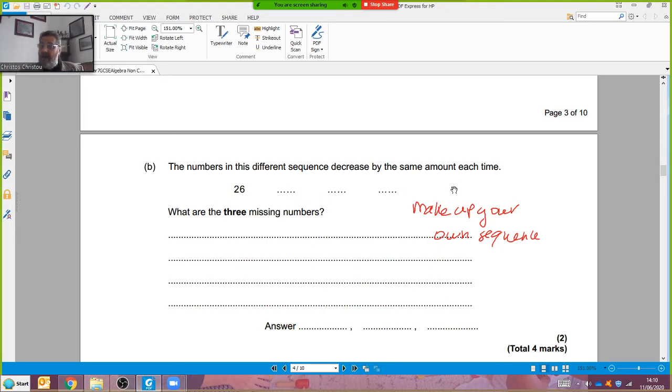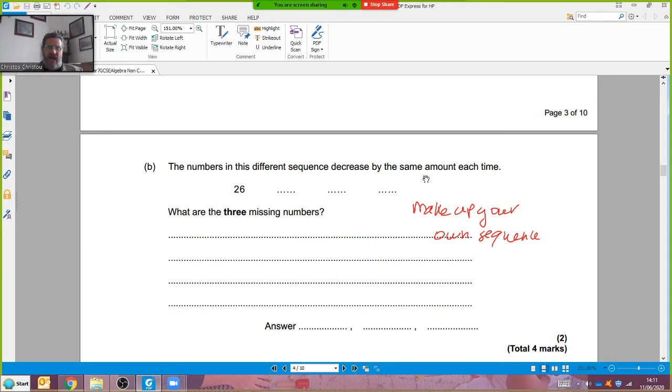And so my instruction here was just make up your own sequence. So some went down with 3s, 5s, whatever, it's all completely correct, provided you made it obvious what your sequencing thought was. But really the original question must have had a number on the end there.